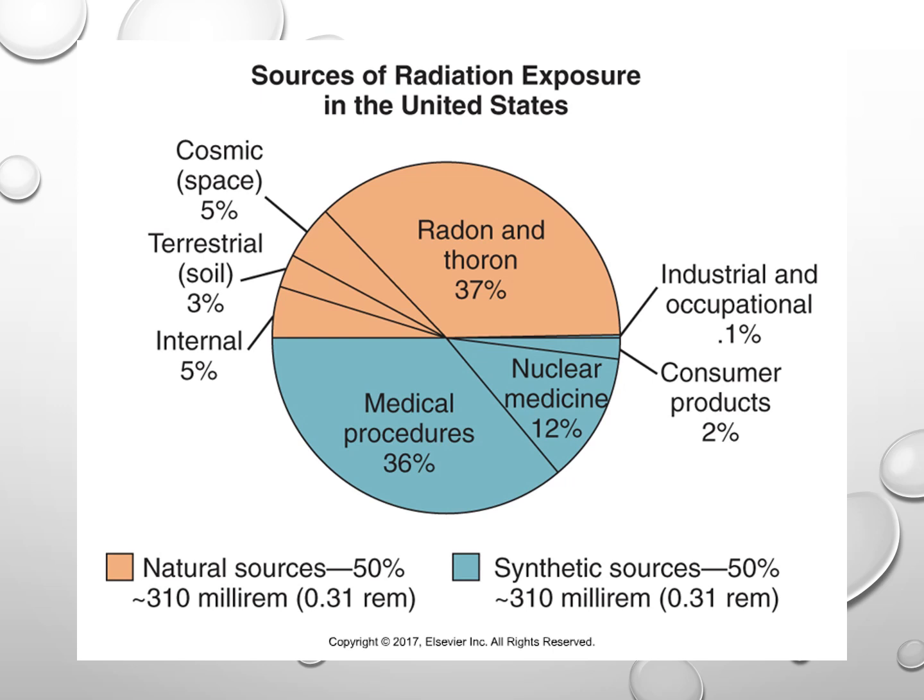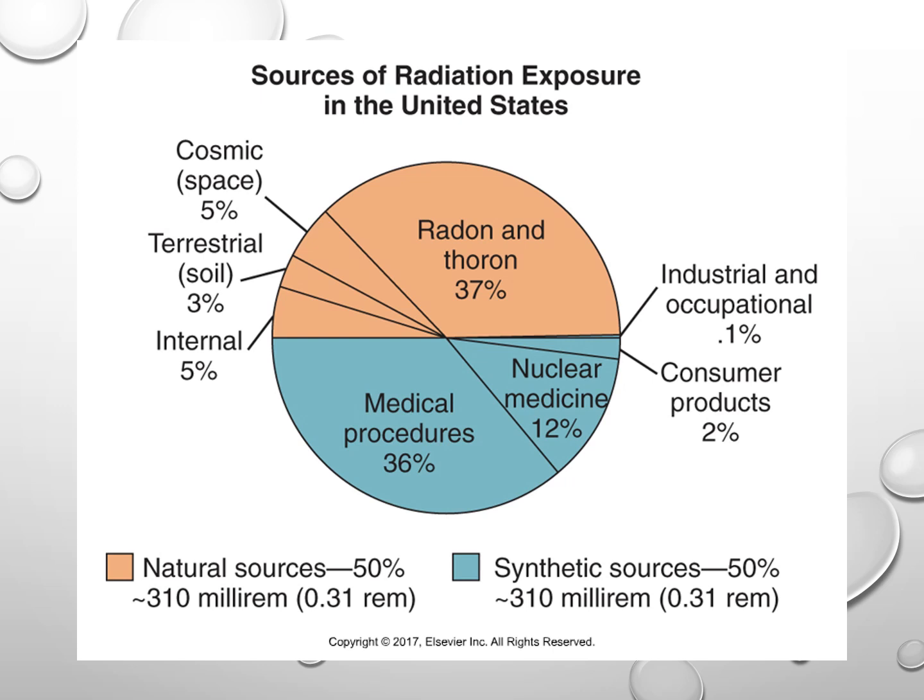And so you can see a lot of it is the radon and thoron, which is just in the ground or in and around us. There's the cosmic space, which is only 5%. Terrestrial soil is only 3%. Internal comes from our food and our water sources, and so we are consuming that radiation in our food and water, and then obviously it's internal.